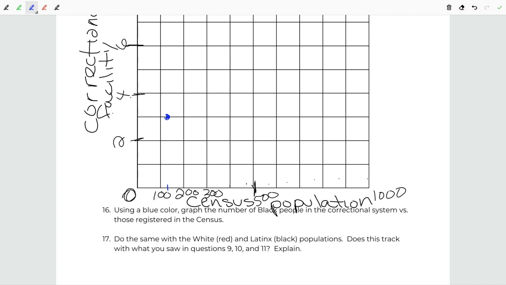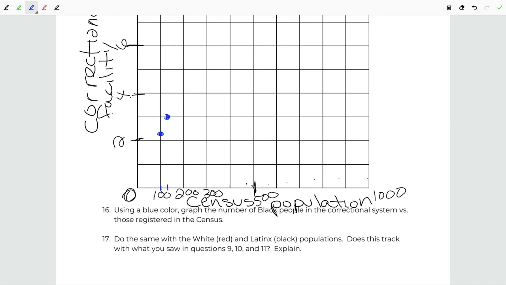We'll do that again with the second row from our table, and that is for 100 people on our lawn. We have approximately 2.3 of them in the correctional system. So that point will go right about here.